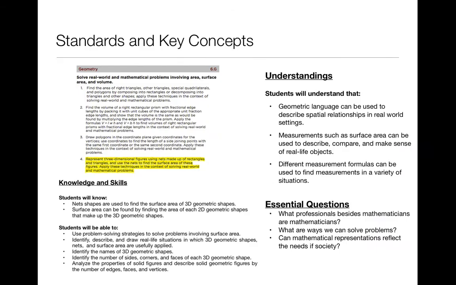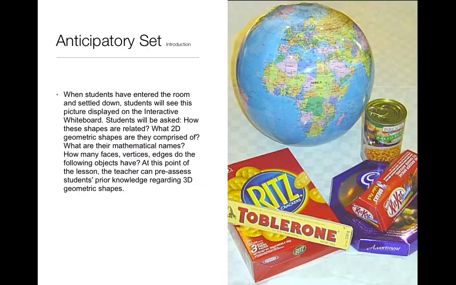Here are the standards, understandings, essential questions, and knowledge and skills of the lesson. Please note that the link to my lesson is located in the thread for further viewing. In my anticipatory set, or the hook of the lesson, I wanted to assess the students in order to determine their level of background knowledge regarding the names of 3D geometric shapes.